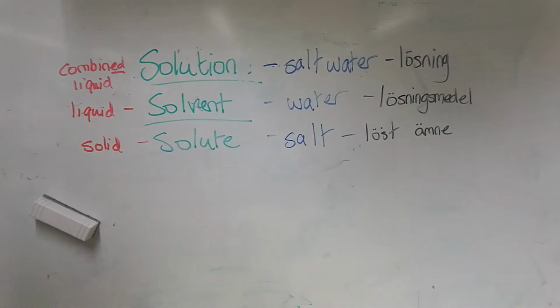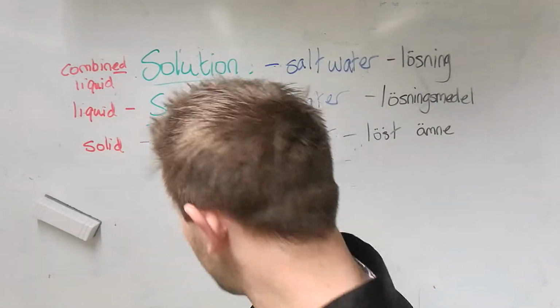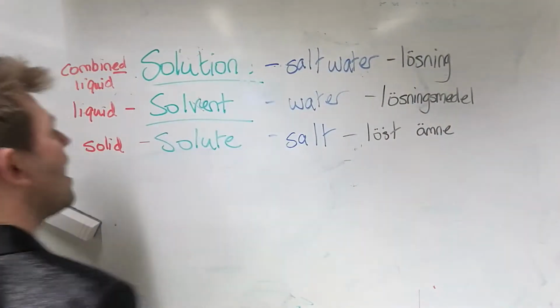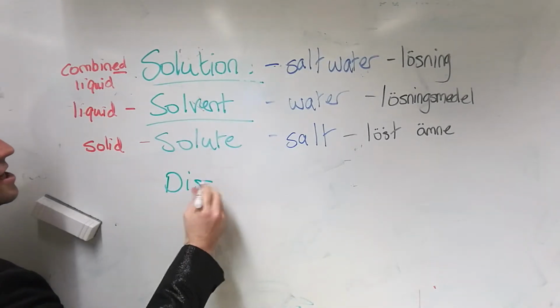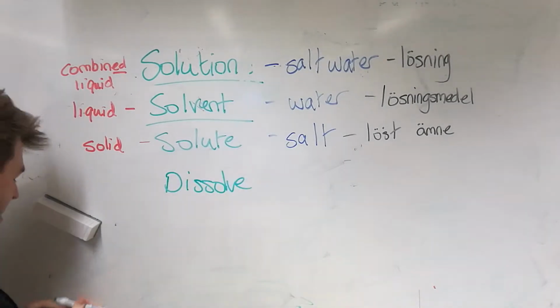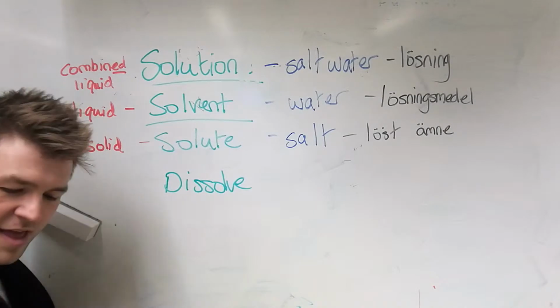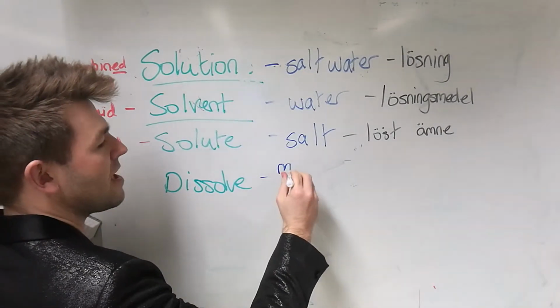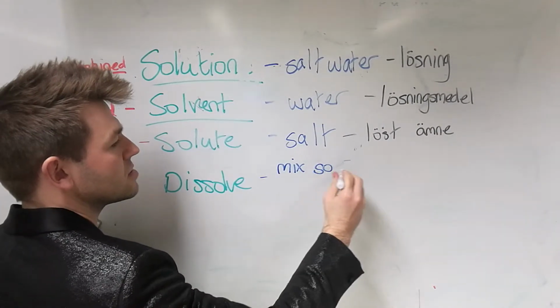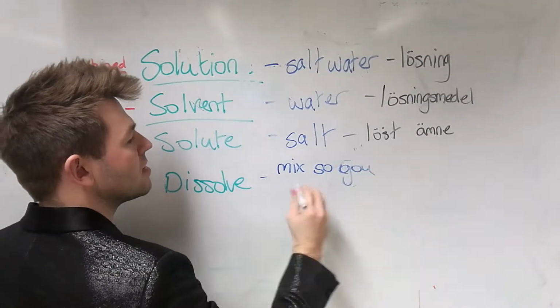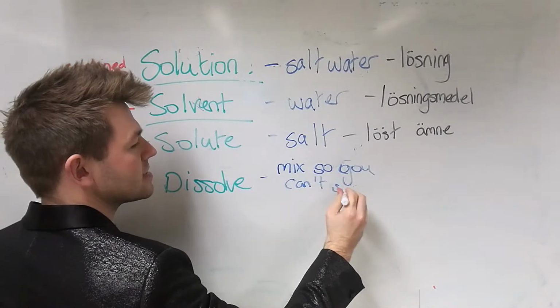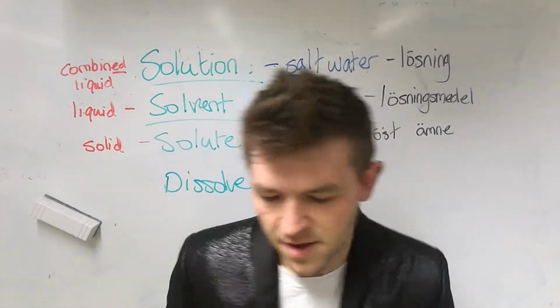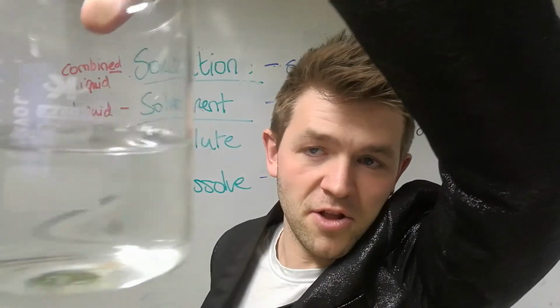And that word, I've already used this word. And there's another word to think about. And that word in English is dissolve. Dissolve is the idea that you mix so you can't see. Right here, right now, I have my salt dissolved.